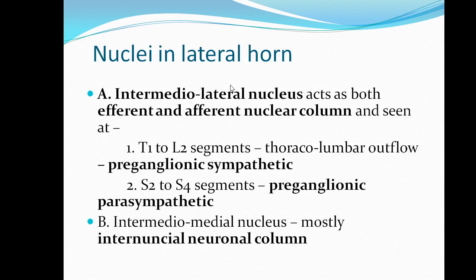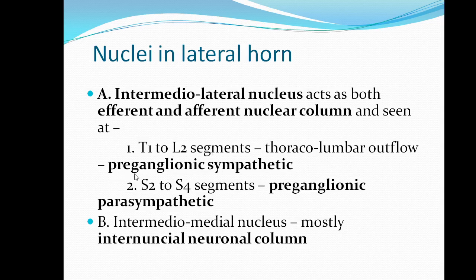Nuclei in the lateral horn show two nuclei, the intermediolateral nucleus and the intermediomedial nucleus. The intermediolateral nucleus acts as both efferent and afferent nuclear column and is seen at T1 to L2 segments, the thoracolumbar outflow.